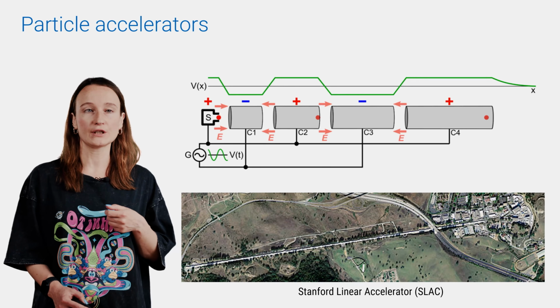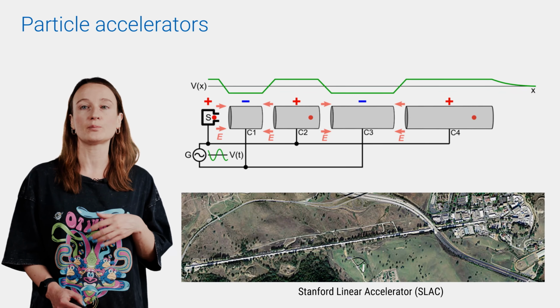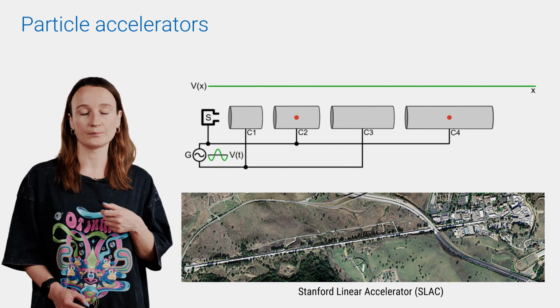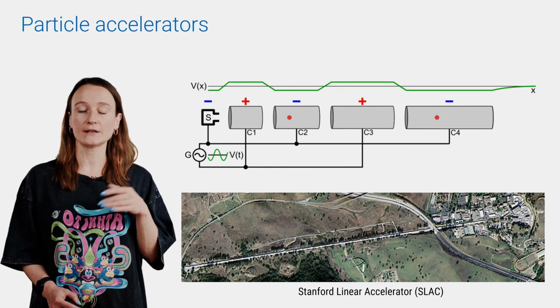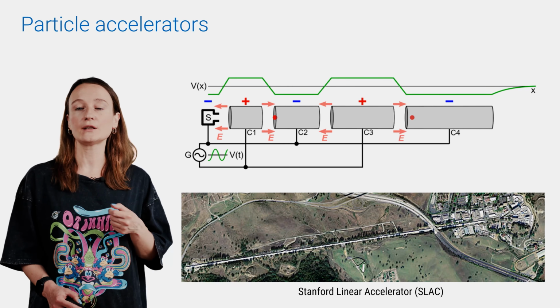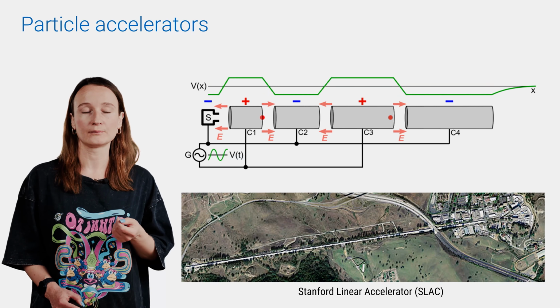The most important technical indicator of the accelerator is the energy of charged particles in a beam at the accelerator output. The accelerator consists of a chain of metal tubes placed one after another on one axis, placed in a vacuum chamber.